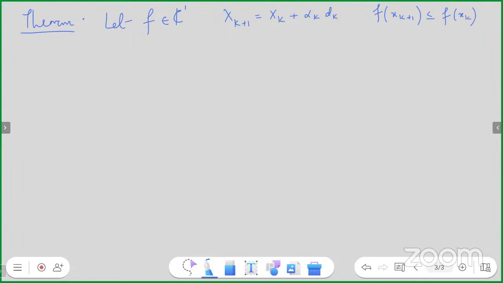So for any algorithm for which this is true, the theorem will hold. So this is not specific to a particular algorithm or a particular step size choice. And assume that all limit points of the sequence xk are stationary.